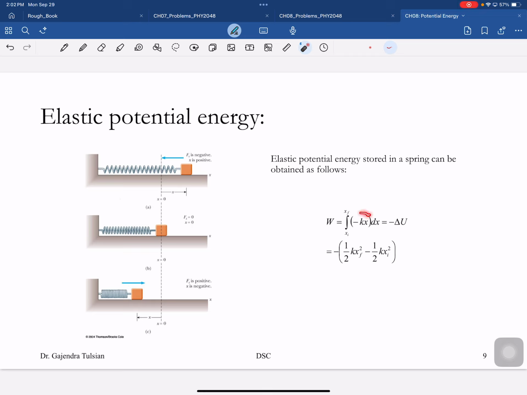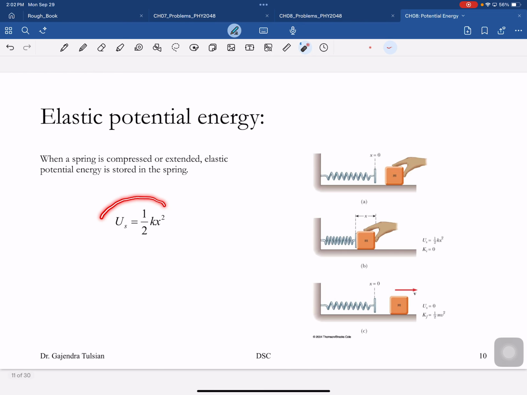So here's the spring force. The work done by the spring force is the negative change in potential energy. When you do this integral, that's equal to that, and so this is minus U final minus U initial. So the potential energy function is one half k x squared.